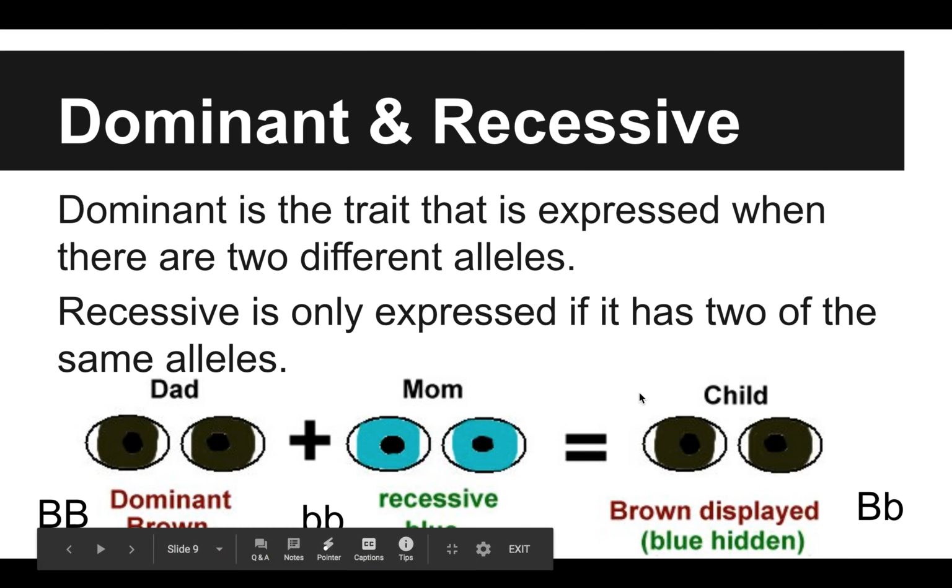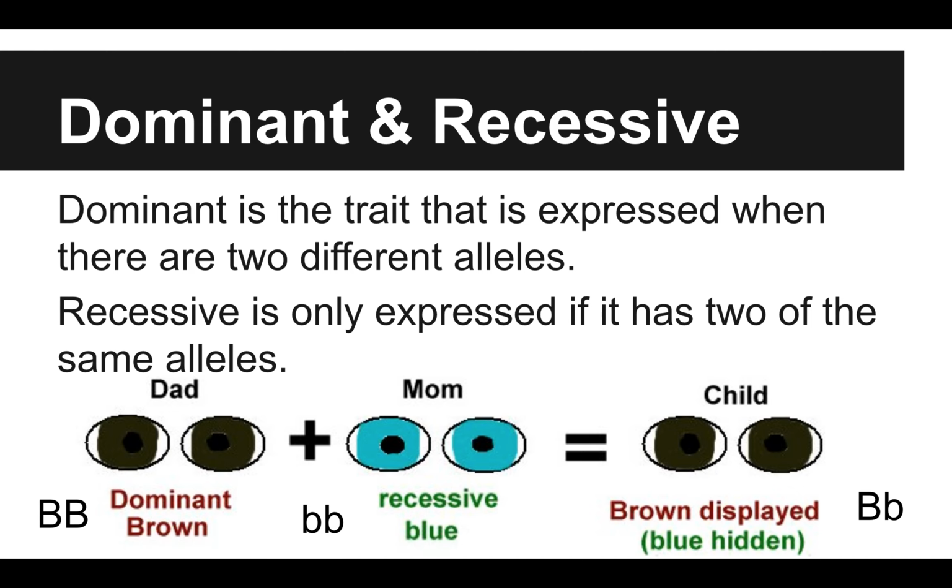Here, the child got one allele from dad, one allele from mom to be big B, little b. So their genotype is big B, little b. Their phenotype, their physical trait, is brown eyes.